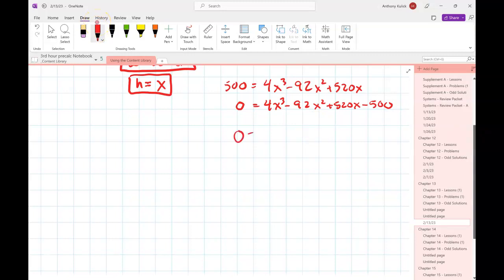Sure. 92 divided by 4, what's that? 46, and then 23, yep. And that's going to be 2, yeah. I was going to get there. Mental math's hard, guys. 125.